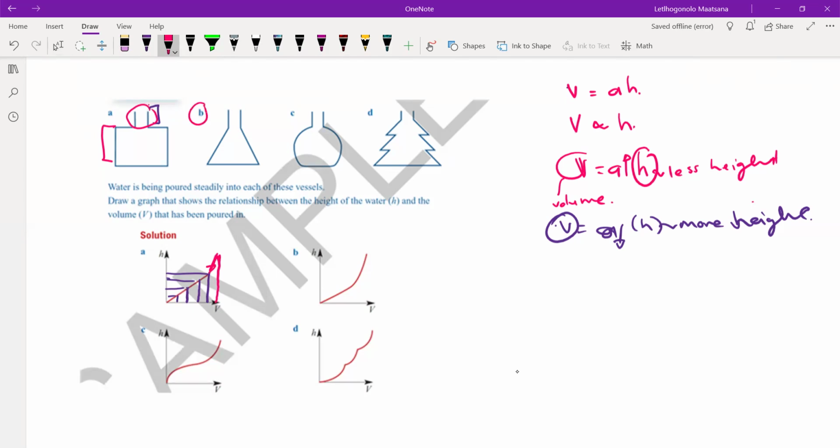Let's look at B. In the first part of B, the cross-sectional area is increasing with an increase in our height. So we want to pour the same amount of volume, and here our area is continuously changing. So in order to meet the same amount of volume, the height must change. When the area increases, the height change is going to decrease, and then increase with time.